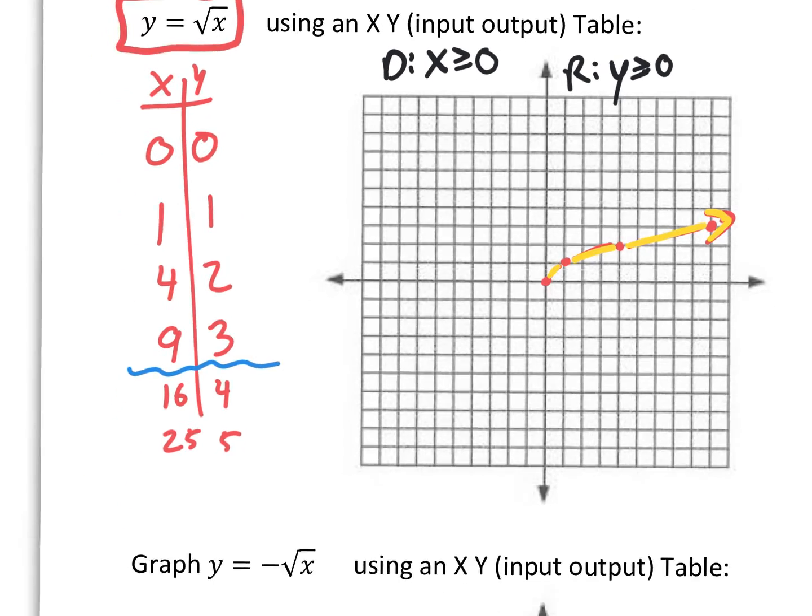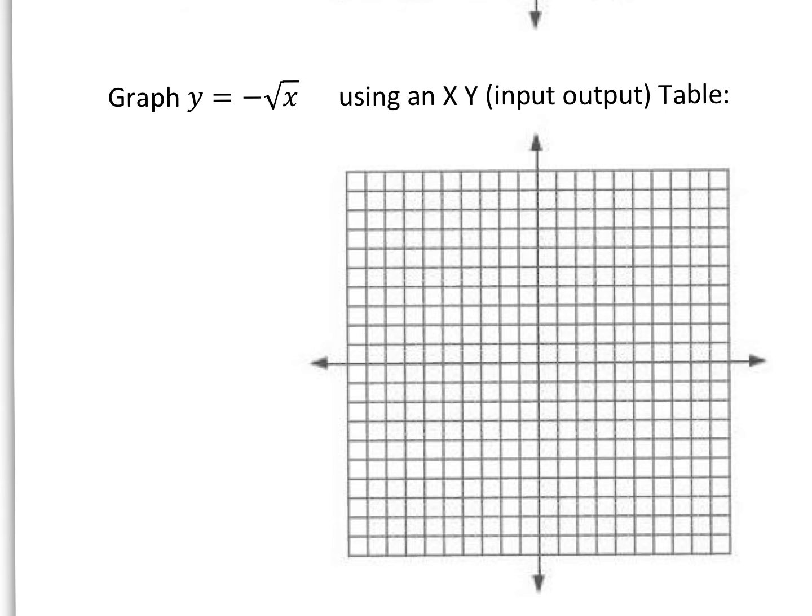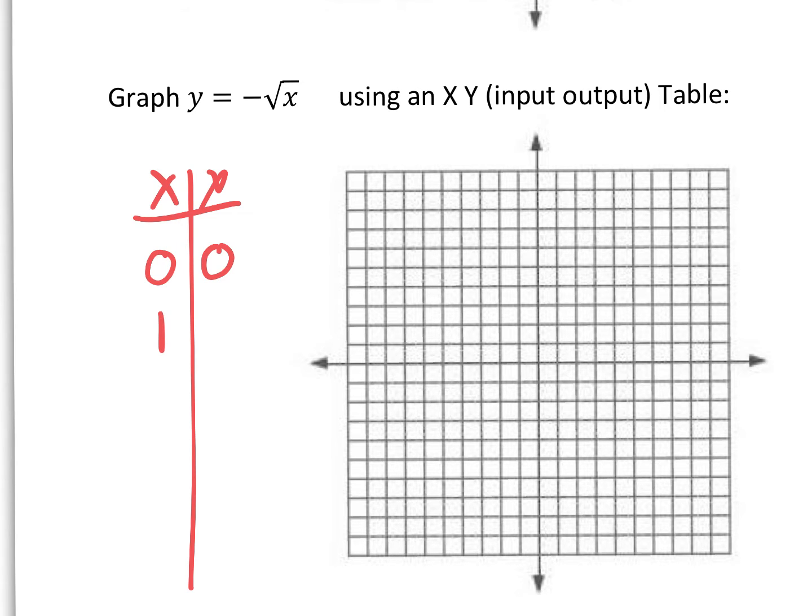Now, let's take a look at this next one and graph it quickly using the same method, input-output table. Let's plug in numbers that work out nicely, like the square root of 0 is 0, but with a negative in front, it's going to be a -0, which is still 0. The square root of 1 is 1, but with a negative in front, it's going to be what? -1. The square root of 4 is 2, but with the negative in front, -2.